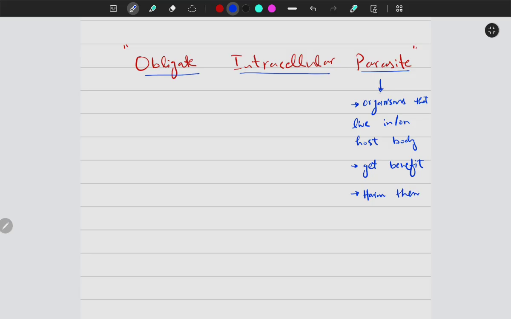So these are the characteristics of a parasite. All right. Intracellular means that all of their hosts are cells, right?